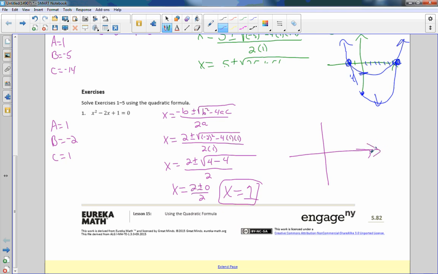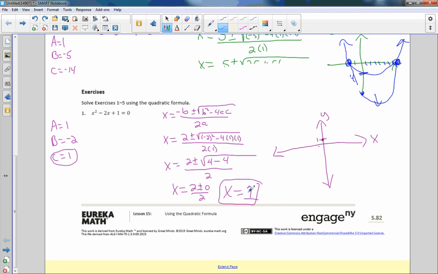That's what that means. So a double root, graph very quickly. Let's try that again. Y, X. I know my parabola is opening up because a is 1. I know my y-intercept is 1, so it's right here. That's 1. My c is my y-intercept.